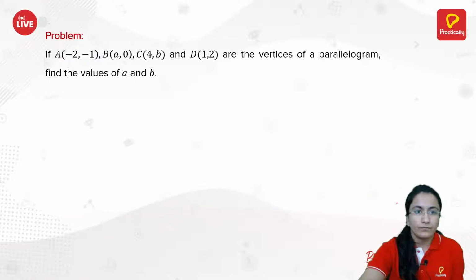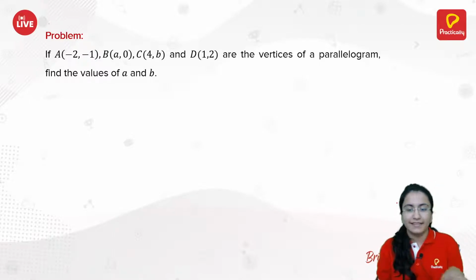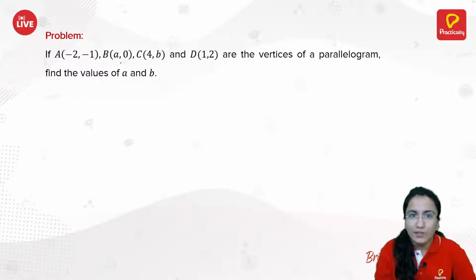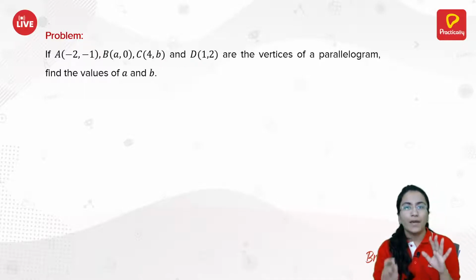Okay, based on that we have a question over here. Let's just see how we can solve this question. If A is the point minus 2 comma minus 1, B is a comma 0, C is 4 comma b, and D is 1 comma 2. These are the vertices of a parallelogram.